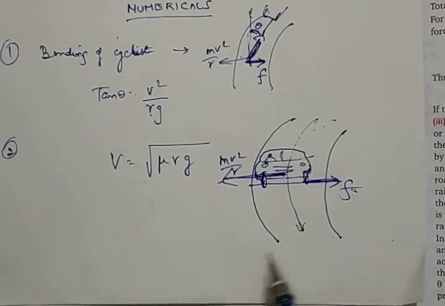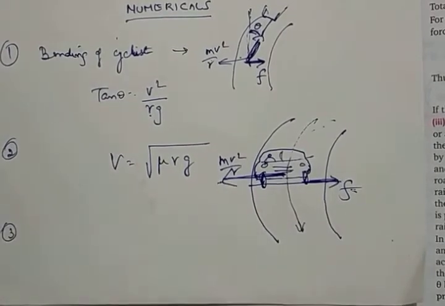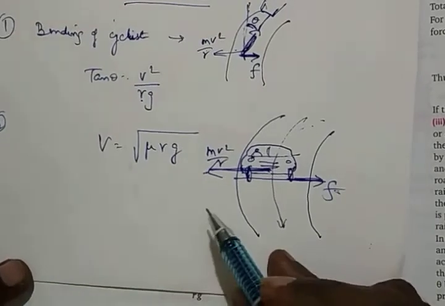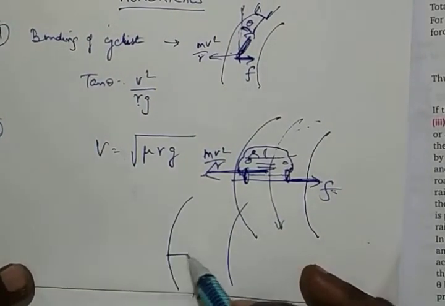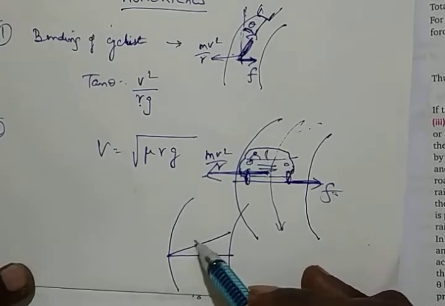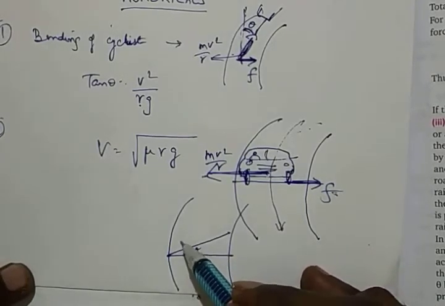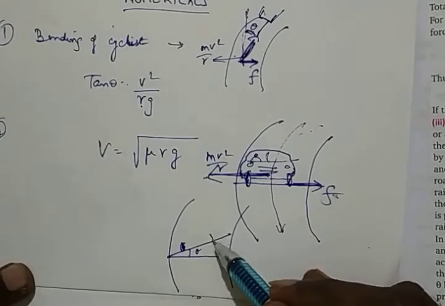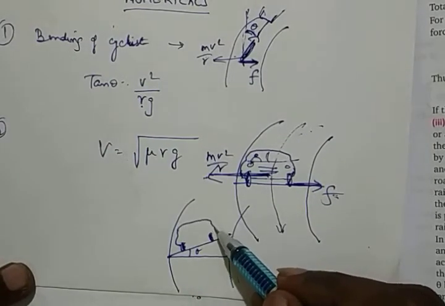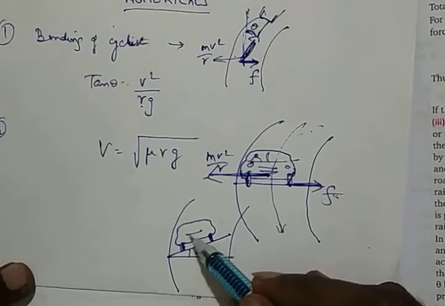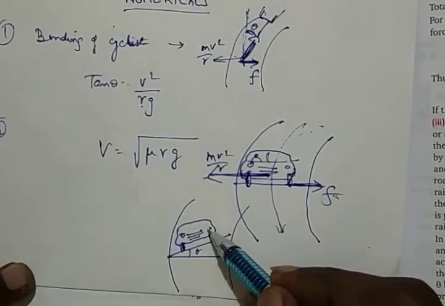Now we'll see the third case, the track which is banked. We know there is banking of roads, with angle theta here, and a car coming on a banked road.